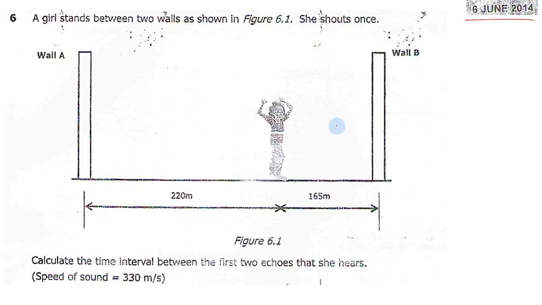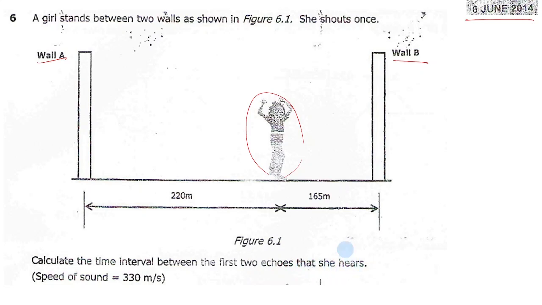So there's a girl here that is standing in between two walls, wall A and wall B. The distance from R to A is 220 meters, and the distance from R to B is 165 meters. Then they're saying calculate the time interval between the first two echoes that she hears.